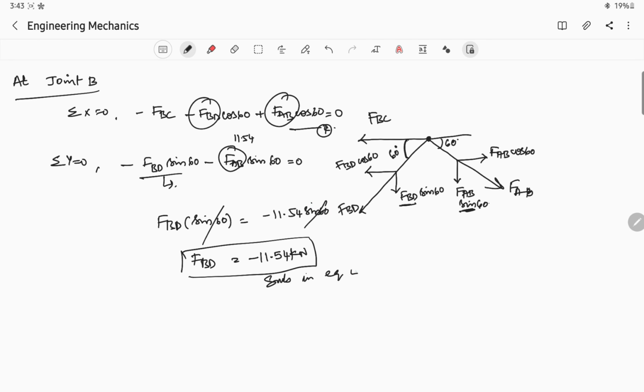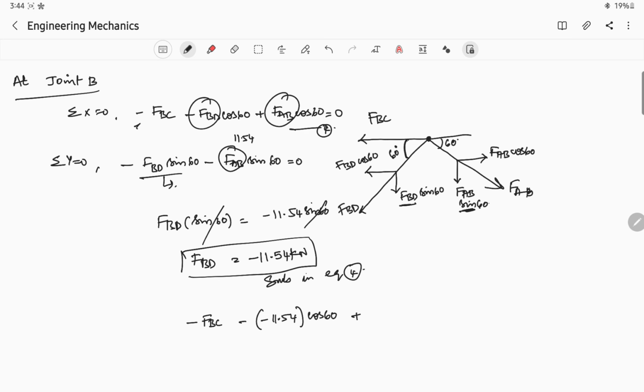So minus FBC, minus FBD, that is minus of minus 11.54 into cos 60, plus FAB.